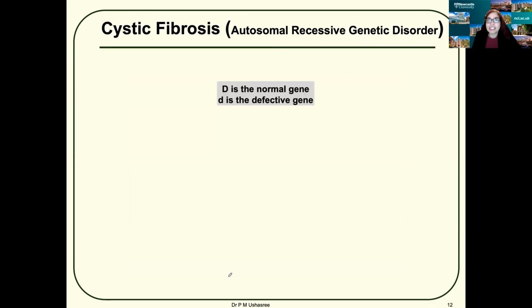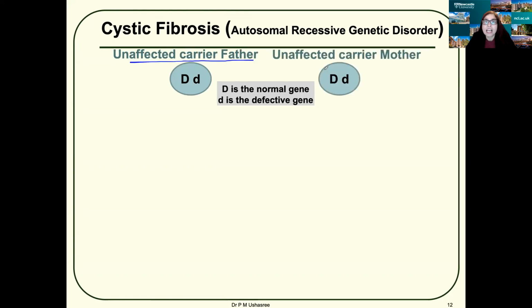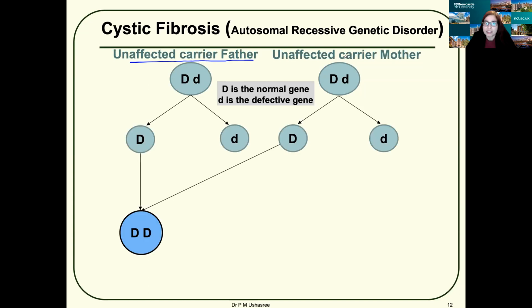So let's consider D is the normal gene and small d is the defective gene. If we have an unaffected carrier father and an unaffected carrier mother, and we cross them, what do we get?